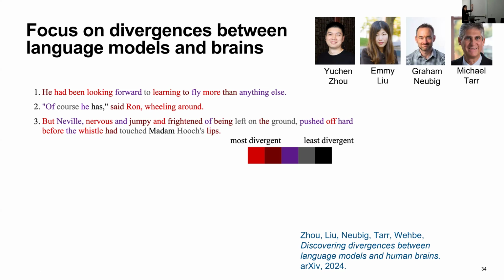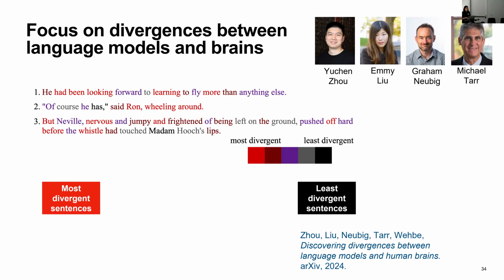If you take your entire text and color it in this way, it's a little bit hard to come up with general principles of what differentiates these two types of words. So what we do here is look at individual sentences in our paradigm and group them in terms of most divergent and least divergent sentences.